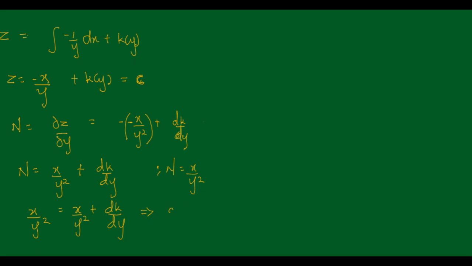So we can see that dk dy is equal to 0. And when you solve this, we have dk to be equal to 0, and I'm integrating both sides. When you integrate 0, regardless of whatever it is you integrate it with respect to, say the y, you're still going to arrive at 0.